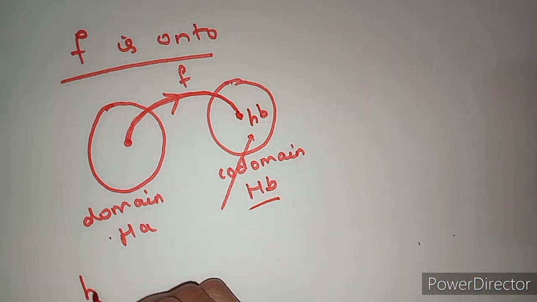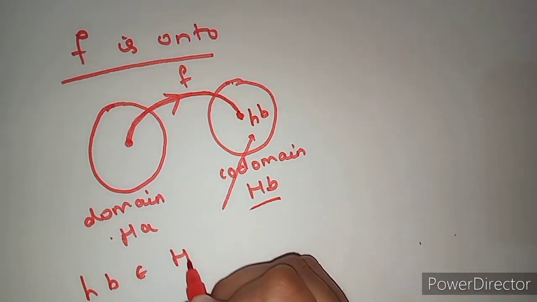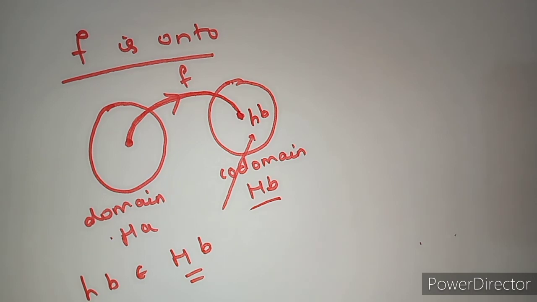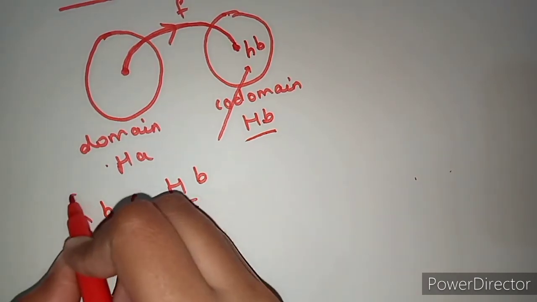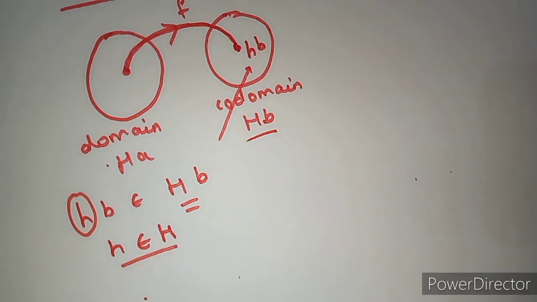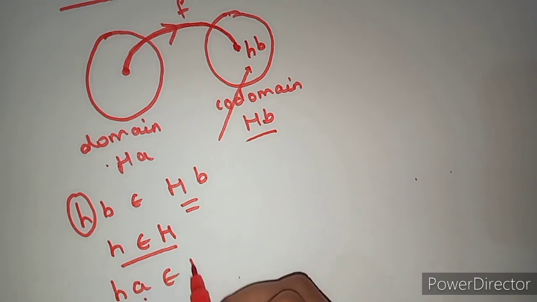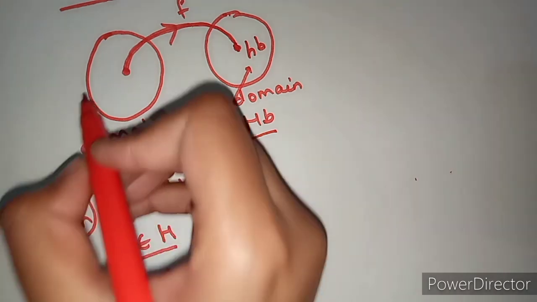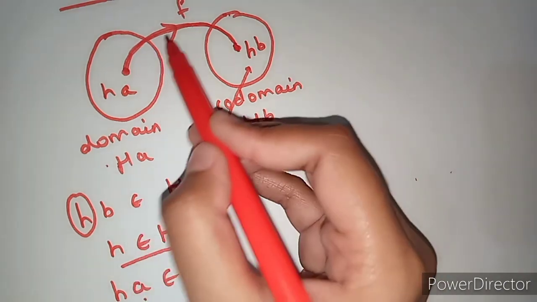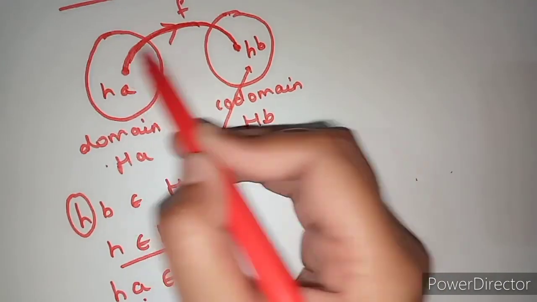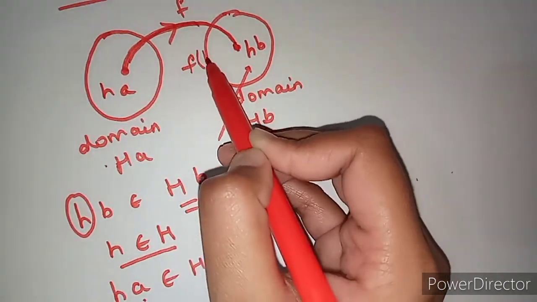Now, hb belongs to right coset Hb. Here, h is belonging to subgroup H. Then there exists ha belonging to right coset Ha.